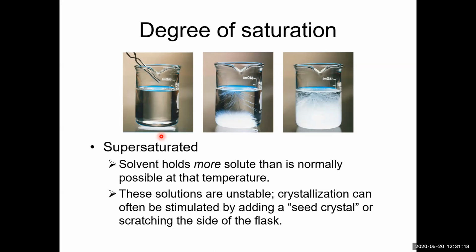They have extra solute in there. So they started with a lot of solid in the bottom, okay? And then they heated it up to a higher temperature, and then it dissolves. And then you let it cool really slowly and don't touch it. Don't stir it, don't touch it. So there really is more in there than should be dissolved.